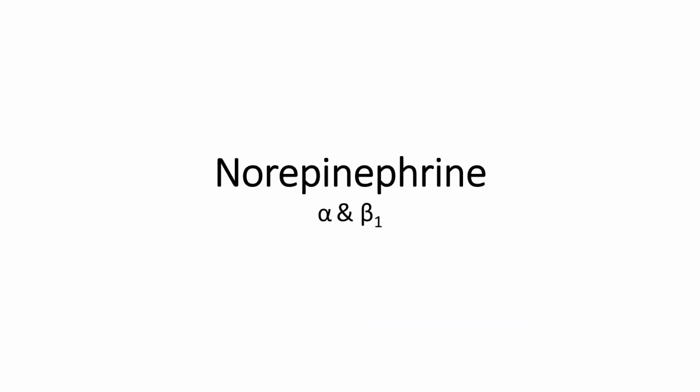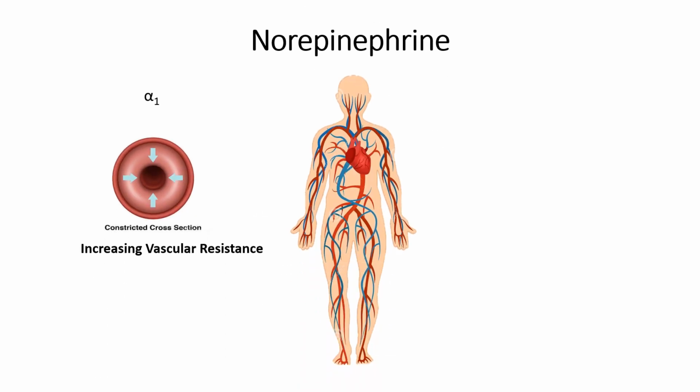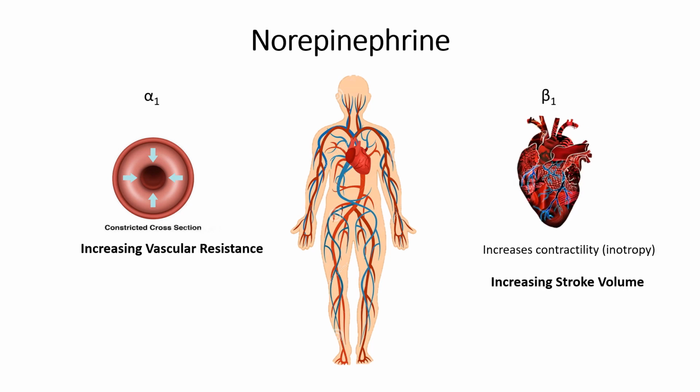Another example of a commonly used non-selective adrenergic agonist is norepinephrine. Norepinephrine is an alpha and beta 1 agonist. Norepinephrine exerts its effects by acting on alpha receptors to cause vasoconstriction. It also acts on beta 1 receptors to increase cardiac contractility and as a result will increase stroke volume.